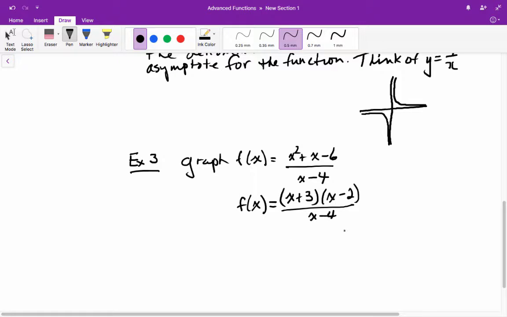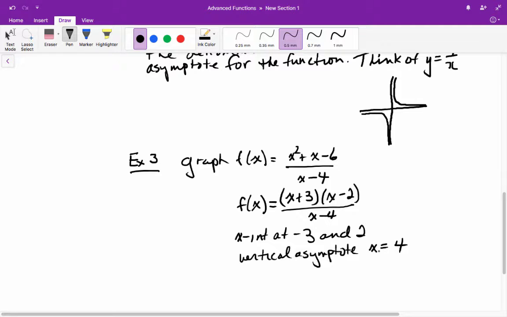We can see that we have x-intercepts at -3 and 2. We have a vertical asymptote at the value of x that makes the denominator equal to 0, at x equals 4.